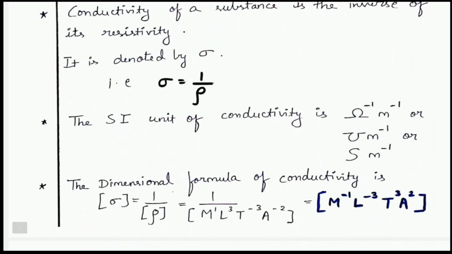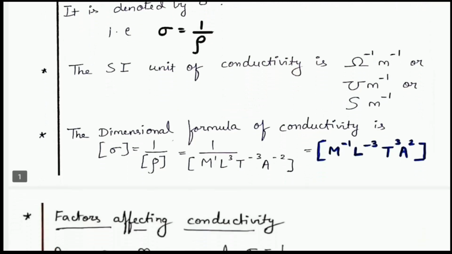The unit of resistivity was ohm meter. So the unit of conductivity will be ohm to the power minus 1 meter to the power minus 1, or mho meter power minus 1, or siemens meter power minus 1. Similarly, the dimensional formula of conductivity is also the inverse of the dimensional formula of resistivity.